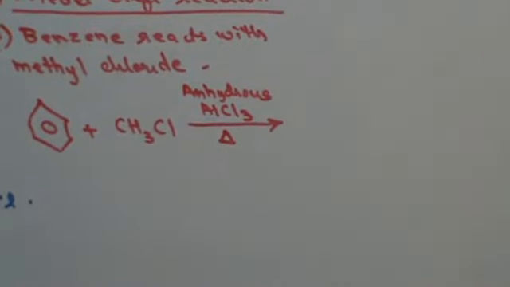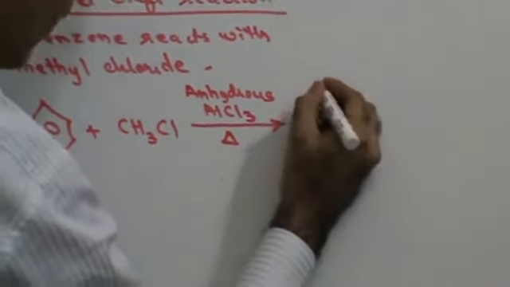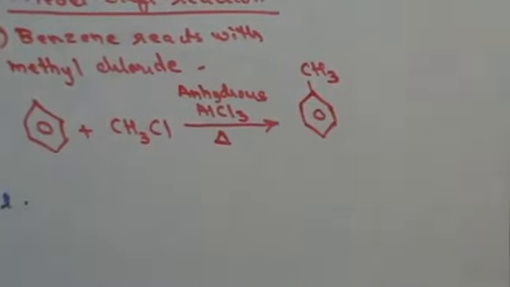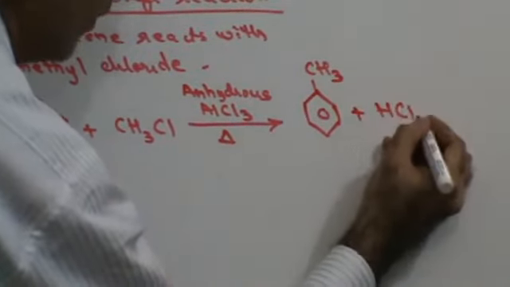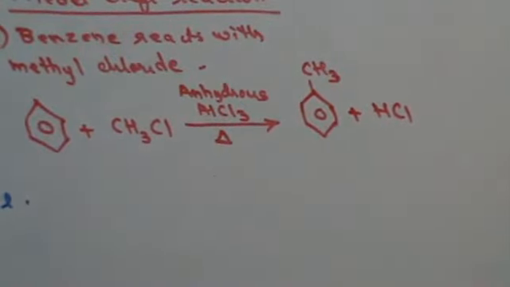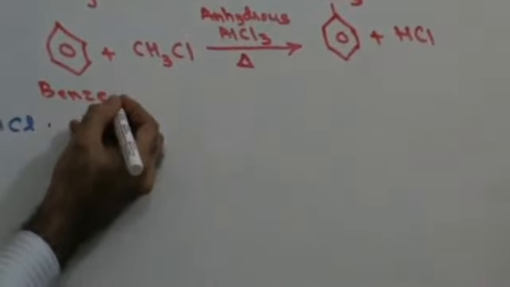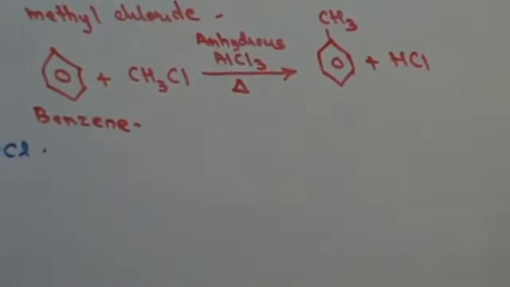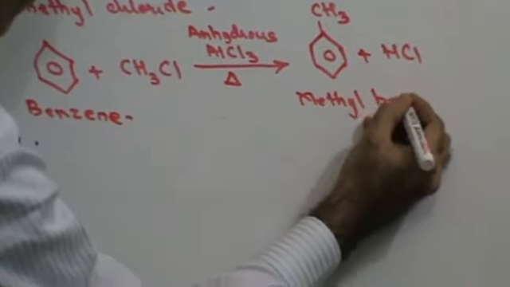Alkylation, that is, the hydrogen atom here is going to get substituted by an alkyl group. So here hydrogen atom is substituted by the alkyl group. Hydrogen that comes out will react with chlorine to form HCl. Fine, do we get this in clear? This is benzene and this is methyl benzene.